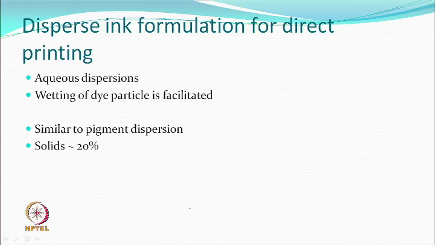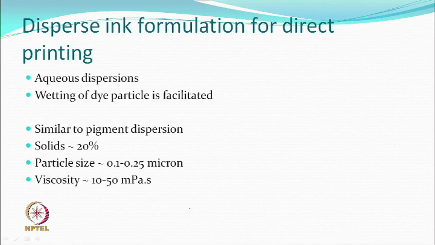You can have more solids also, but more solids means more other agents to stabilize, and that will mean the viscosity can also increase. So, you have to control the viscosity, not let it go very high. Particle size obviously has to be very small. So, there is a 0.1 to 0.25 micron type of particle size, which is definitely much less than the size of a fiber or a fiber diameter.